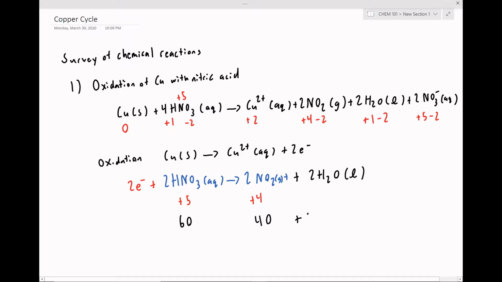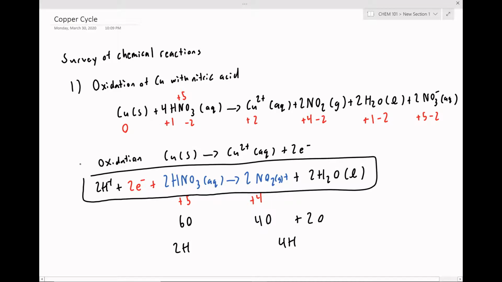So now we have an additional 2 oxygens. And now looking at our hydrogens, we have 2 hydrogens on the left, 4 hydrogens on the right. So we add 2H plus to the left-hand side. So this is our complete reduction half reaction. And this is a very common reduction half reaction you'll see for the reduction of nitrate.